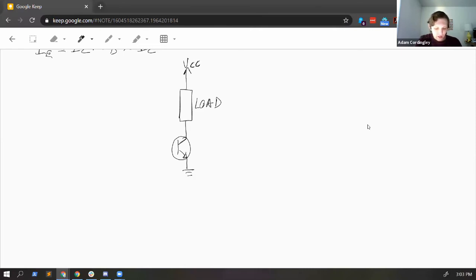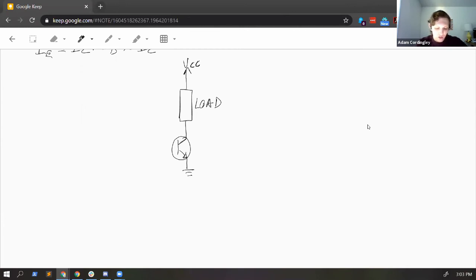So this is an example of using the BJT as a switch instead of as an amplifier, where you give it some amount of current and it provides that current times beta. Here we just want to switch on a thing.